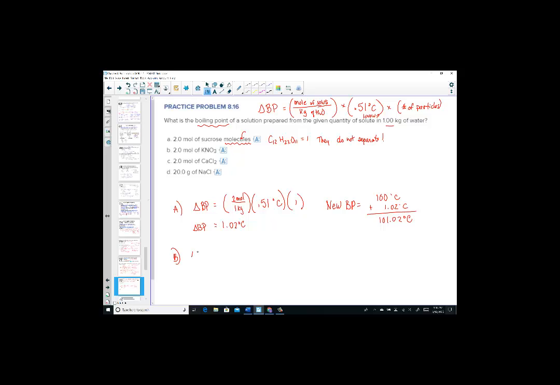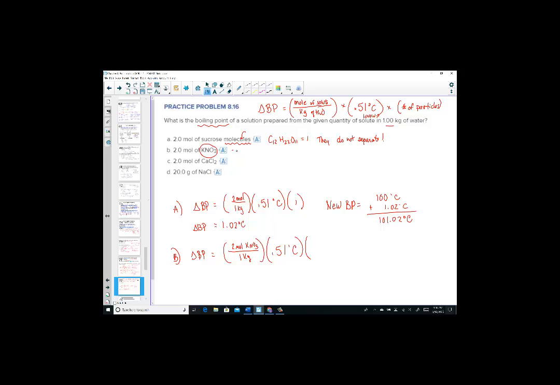Letter B, the change in the boiling point is set equal to the concentration of the solution. Here we have 2 moles of potassium nitrate in a kilogram of water. The boiling point constant for water is 0.51 degrees Celsius. And now, how many particles in potassium nitrate?